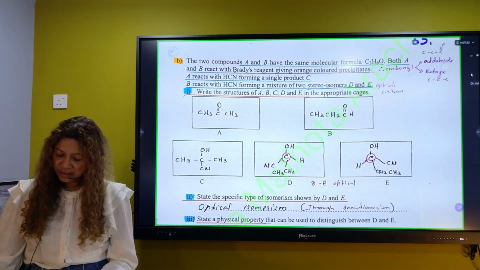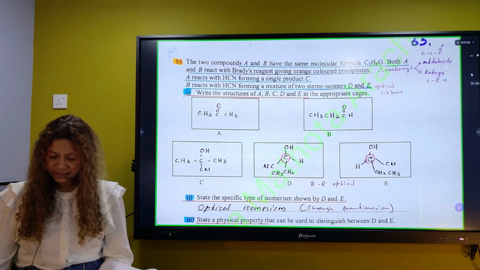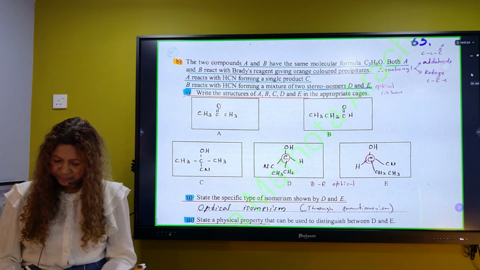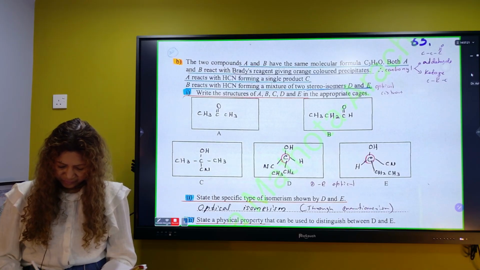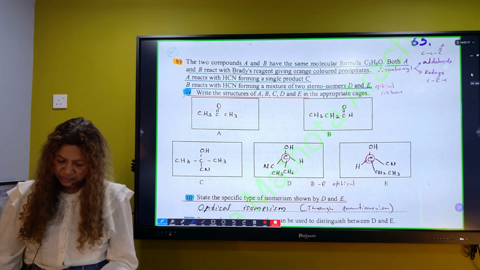The two compounds A and B have the same molecular formula. Both A and B react with Brady's reagent, giving an orange precipitate.